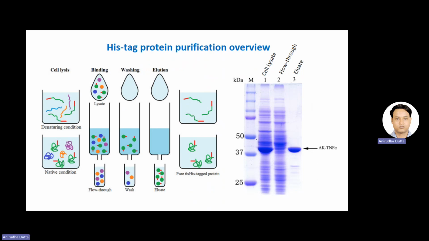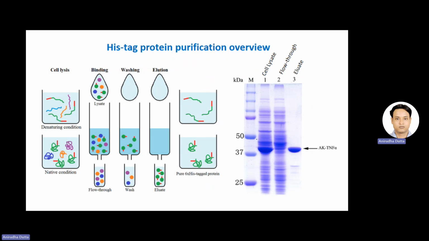There would be some proteins which don't have a hexahistidine tag but still might interact or get entrapped inside the nickel column, so we have to wash that column to remove all the unwanted impurities. After washing, only His-tagged proteins are bound to the column. Then at the final stage, we have to elute those specifically bound proteins, the His-tagged protein. That step is called elution.